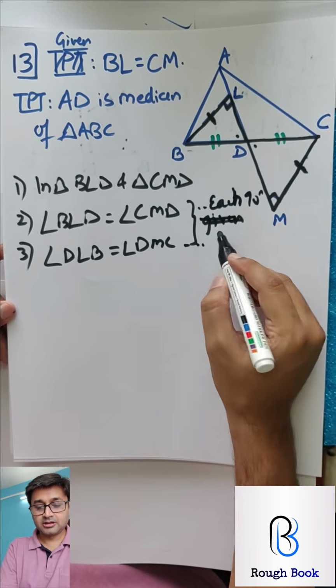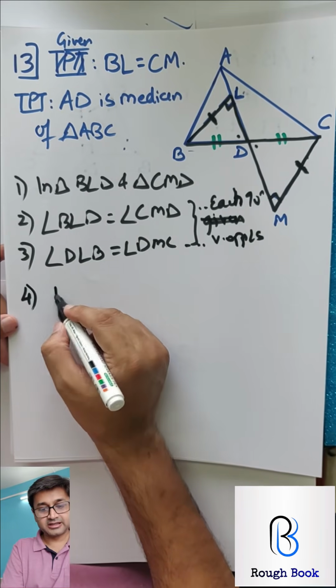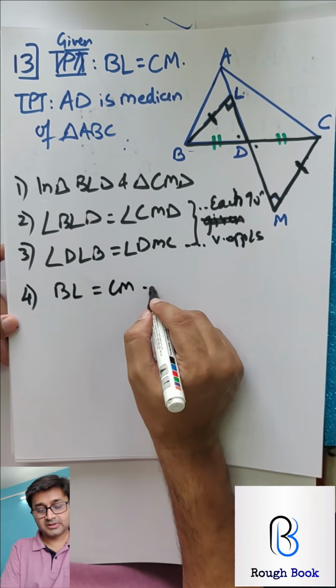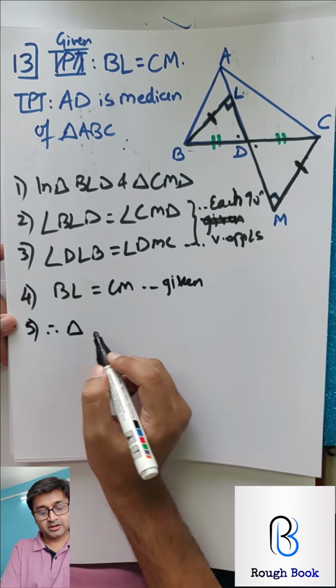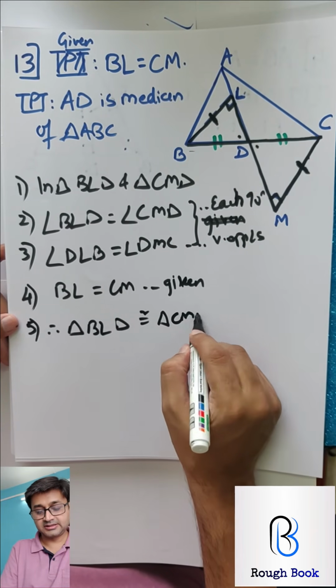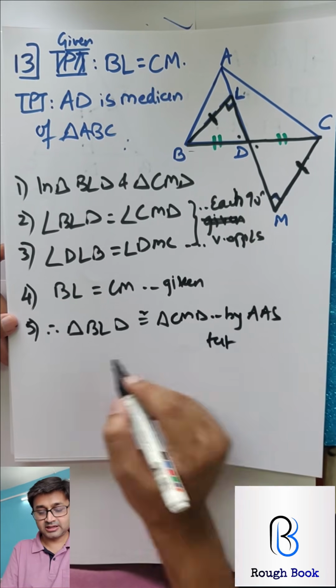And here it is vertically opposite angles. And finally I can say BL is equal to CM. This is given, and therefore triangle BLD is congruent to triangle CMD by AAS test.